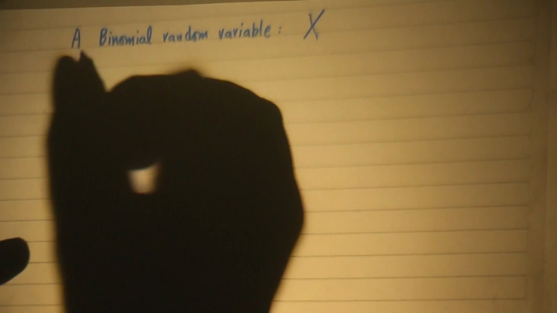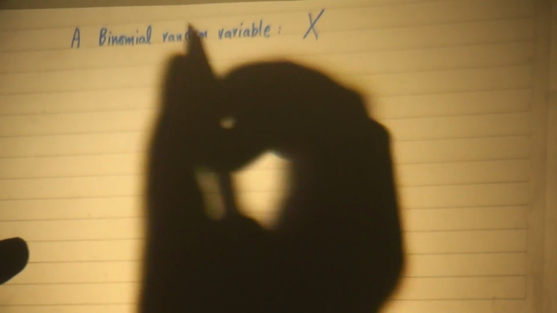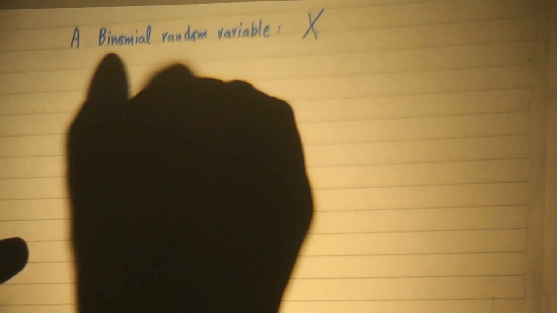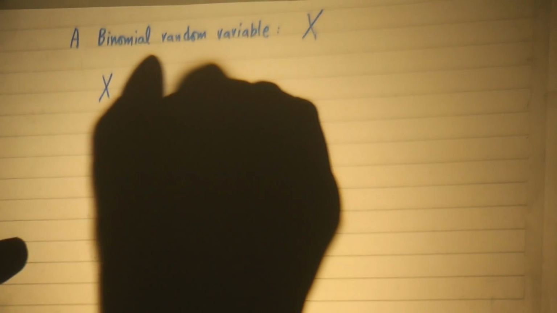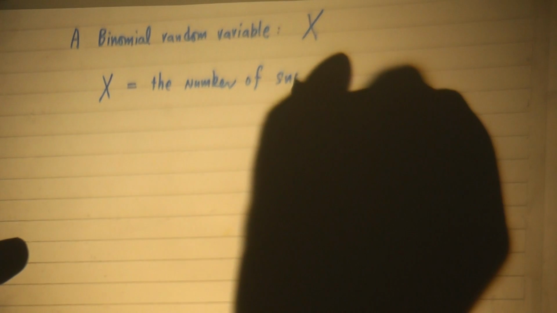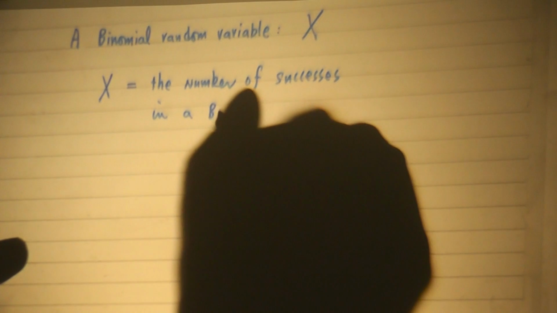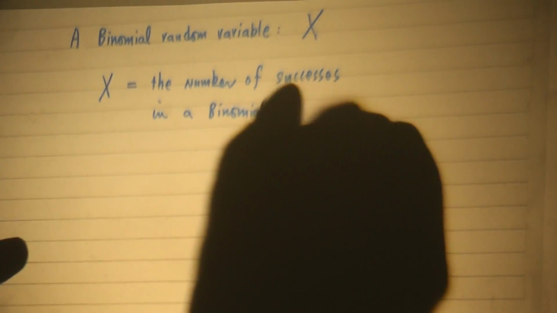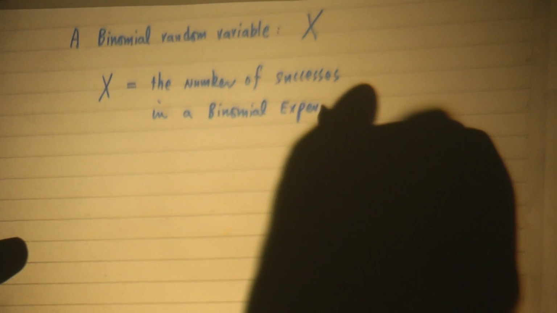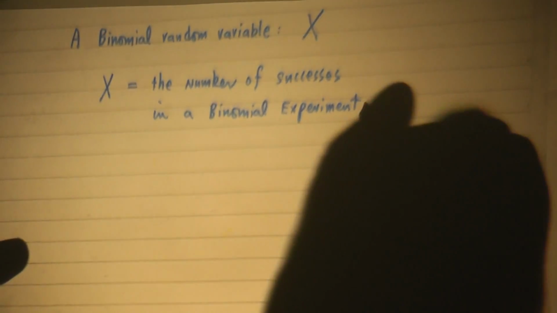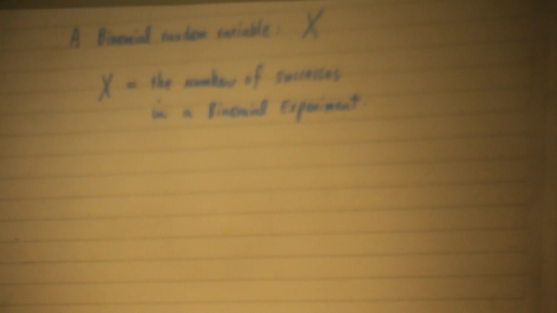Well, X is defined to be the number of successes in a binomial experiment. We define X as the number of successes in a binomial experiment.